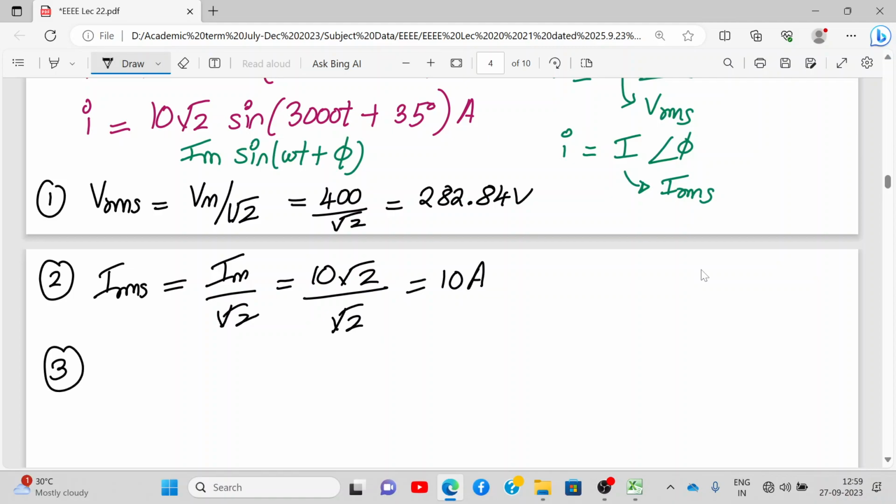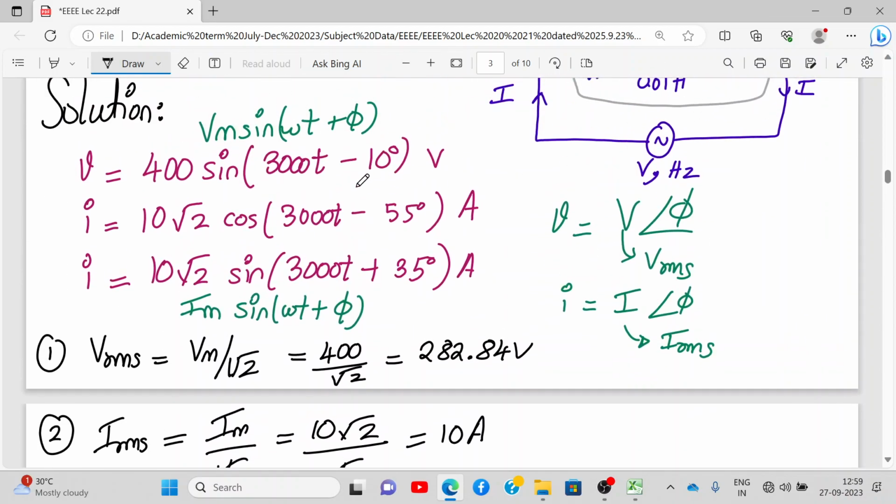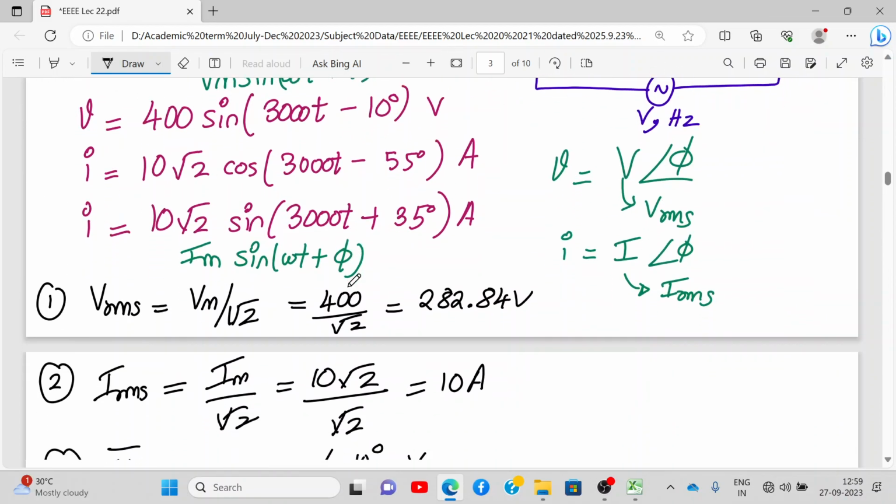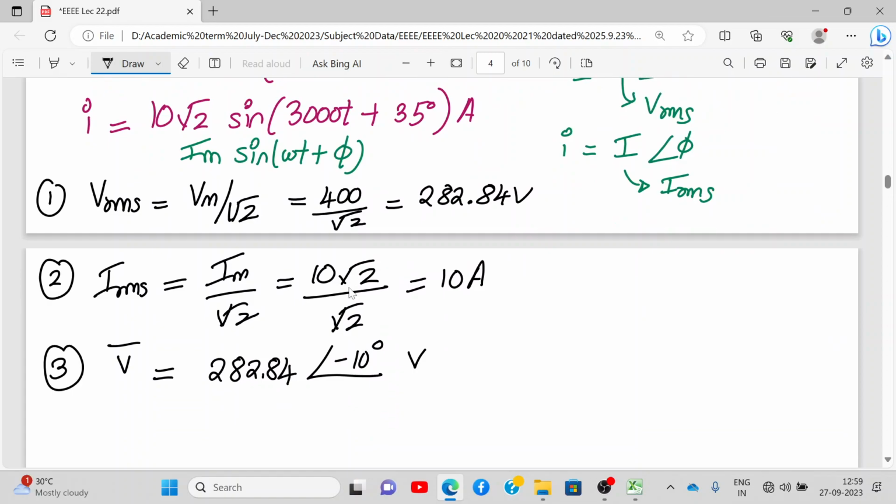Now write down the standard polar form. V bar will be what? 282.84. What is the angle? Minus 10 degree, right? This is phi, minus 10. Similarly, what will be I? 10 angle 35 degree. Are you getting it?